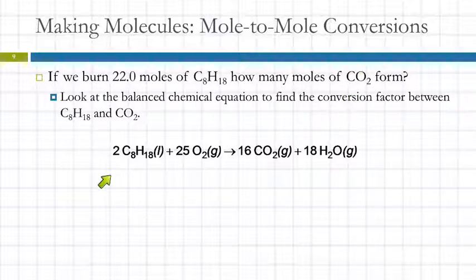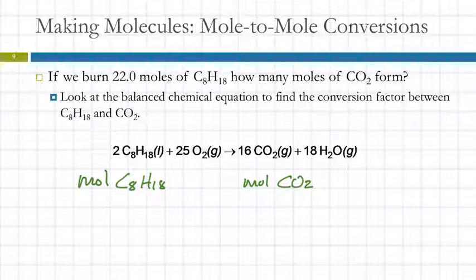This chemical equation gives us the relationship. From 2 moles of octane, we would get 16 moles of CO2. So we can approach this just like we did with the cheese and pizza question. We're starting with moles of octane, and we want to find moles of CO2.